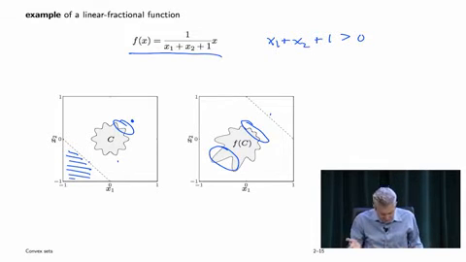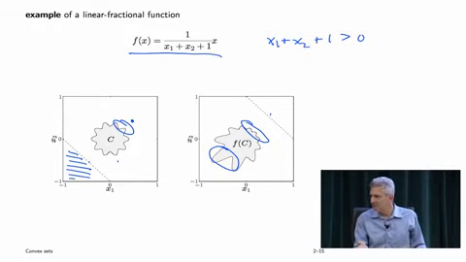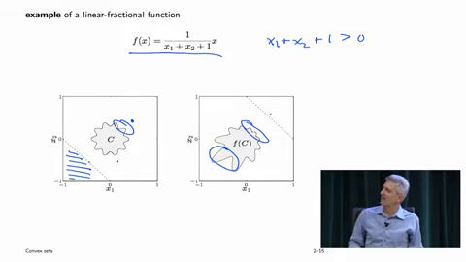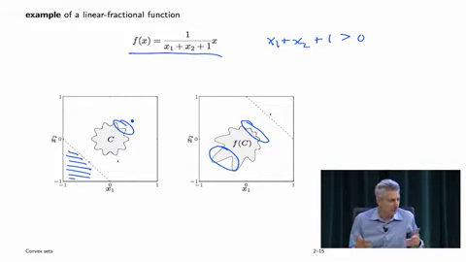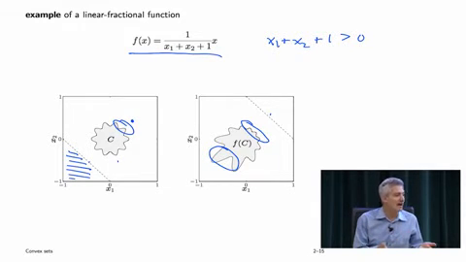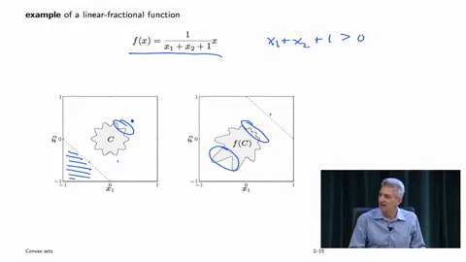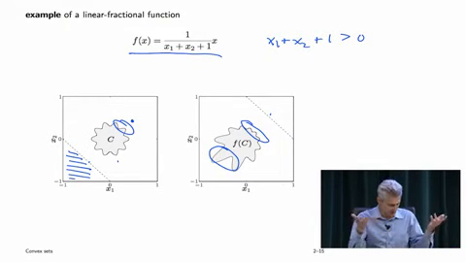Okay? So in fact, if you've had a class on vision or something like that, you would know this: what we see all the time, the image on your retina, or for that matter the image on a camera plane, is, neglecting little optical aberrations, a linear fractional mapping of the 3D object space.